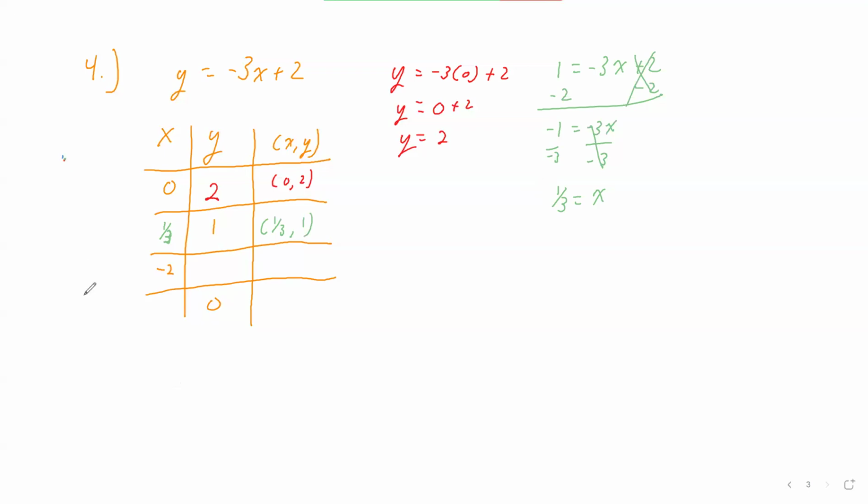Gotcha. Where does this -2 now belong? The x. So now I get y equals -3 times -2 plus 2. So what will I do first? Very good. Perfect. Times negative.